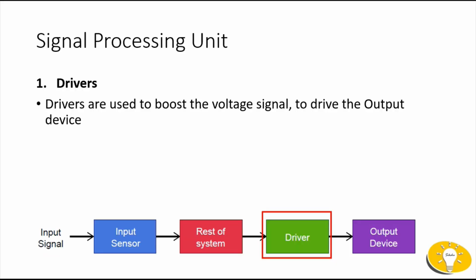Therefore, we need an additional unit which we call a drive to boost the input signal and drive the output device like a lamp, LED or fan. So we always need a transducer drive before the output device.